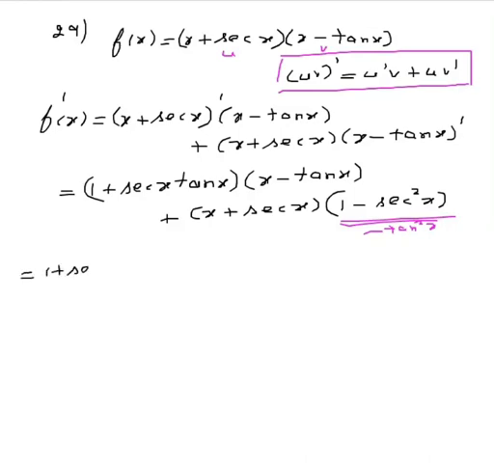Therefore, we get 1 plus secant x into tan x times x minus tan x, and this becomes minus tan square, so I will write the minus sign in the middle. Minus tan square x times x plus secant x.